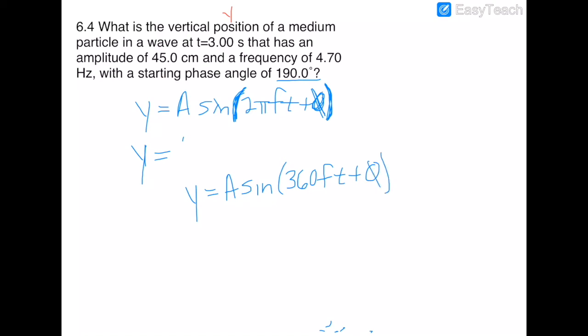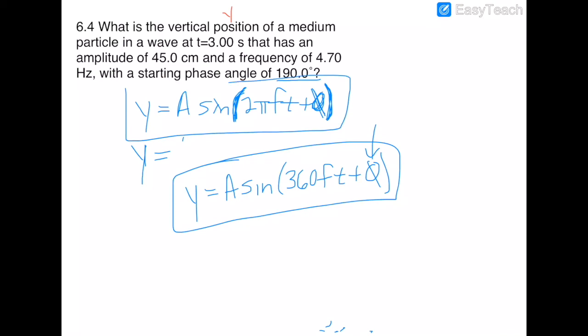I could write the equation either way. If you want to leave your calculator in degrees, then use this equation and put in degrees for the starting angle. Or if you want to leave your calculator in radians, you could use this equation, but this starting angle needs to be in radians. Either way will be fine. I like to leave my calculator in degrees, so I would always be using this wave equation.